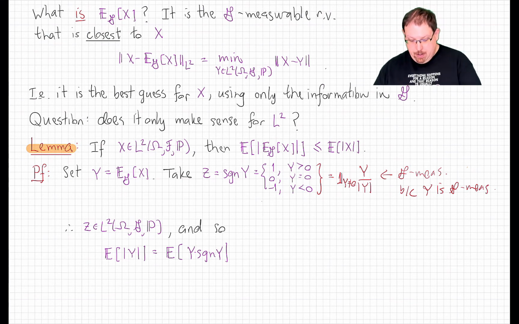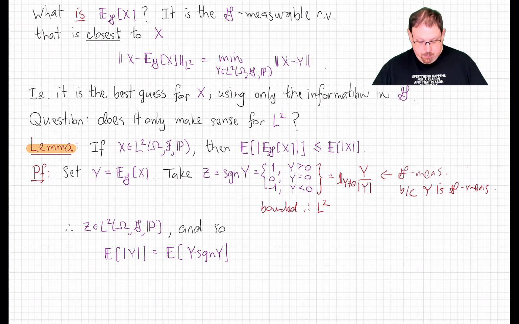Now, it's also a bounded function, bounded by 1, and therefore it's an L2 function. So that means that this function Z here is in L2 of G, which means we're going to be able to appeal to the inner product definition of orthogonal projections in order to figure out what it is. That is to say, I'd like to compute this L1 norm of Y here, but the absolute value of Y can be computed as Y times the signum of Y. Now, Y is this conditional expectation.